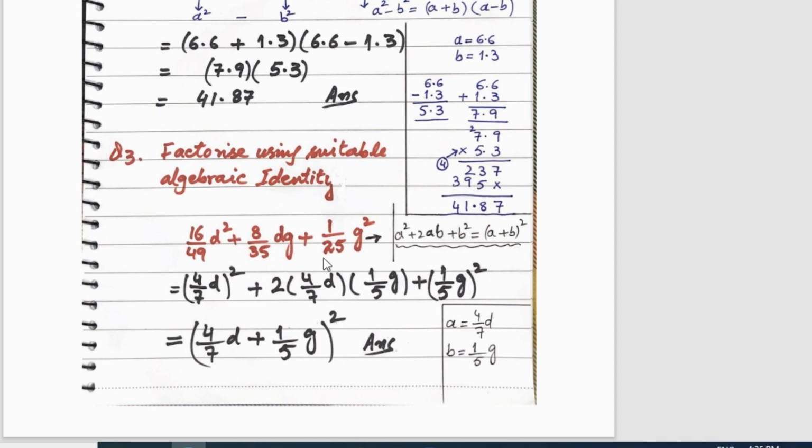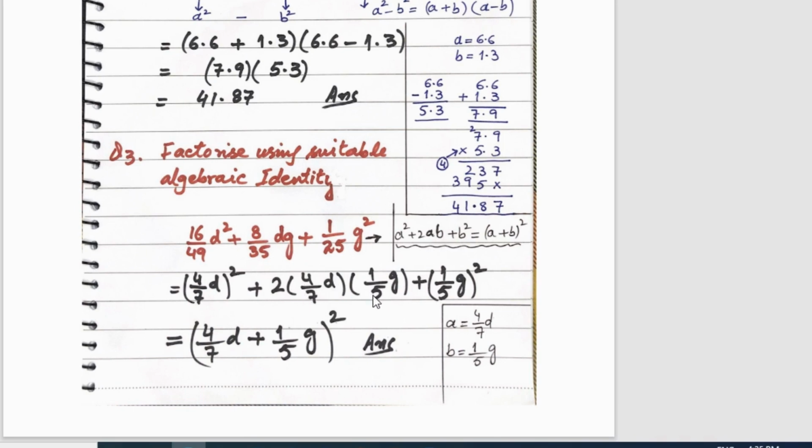It means from this term, which we have written in the form of 2ab, we can get 8 over 35 dg back. And this indicates that we have broken the middle term into 2ab accurately.